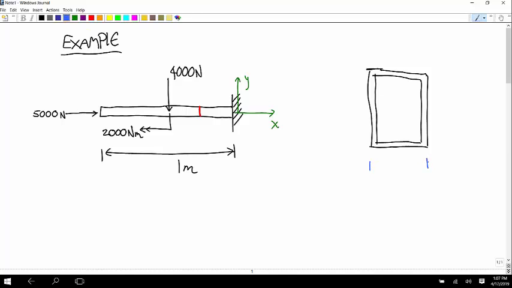The width is 2 centimeters, 0.02. The height is 5 centimeters. And the thickness is the same everywhere.